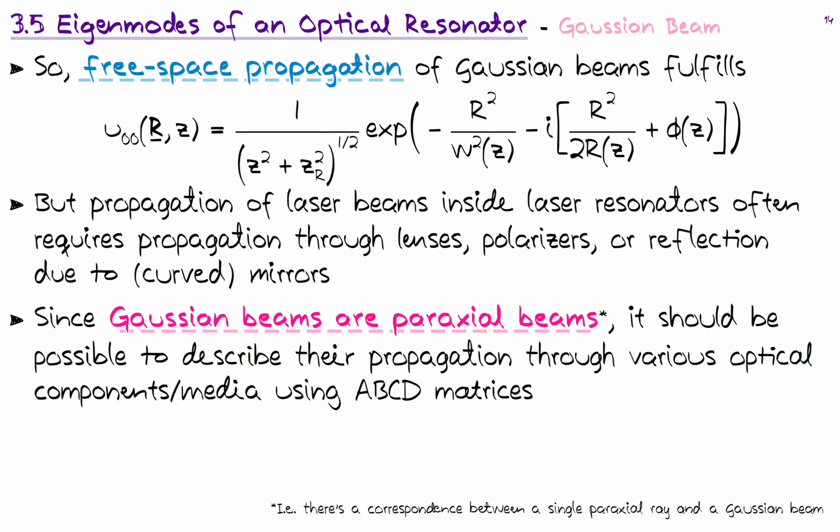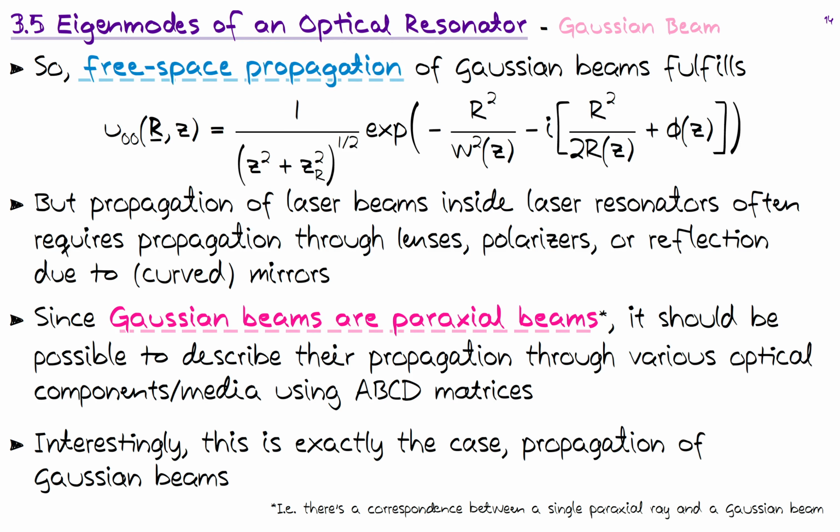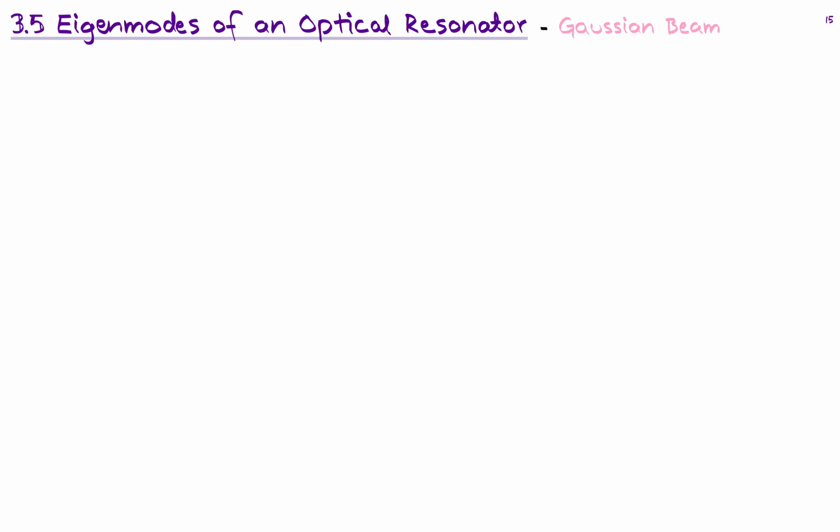This is an absolutely beautiful thing because it really helps with the mathematics. We don't go into the full derivation of how this works out, but we just state that this is indeed the case, a beautiful result that we can describe propagation of a Gaussian beam through a more arbitrary component using ABCD matrices.